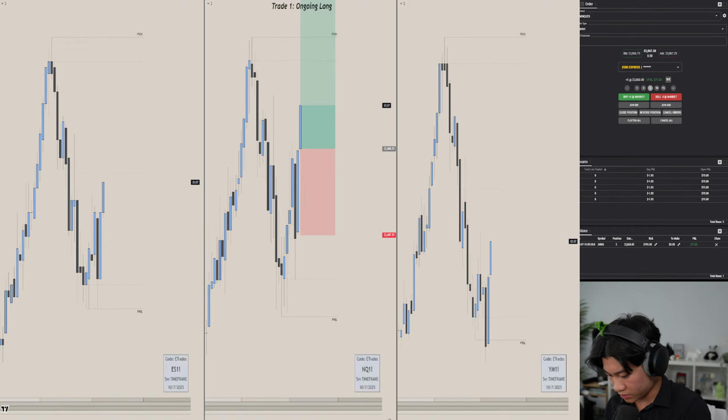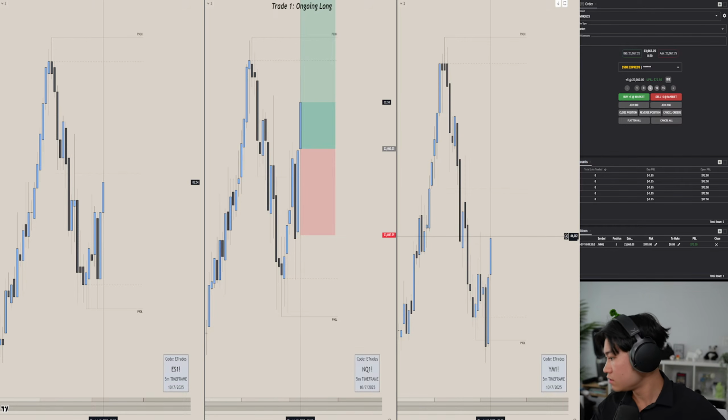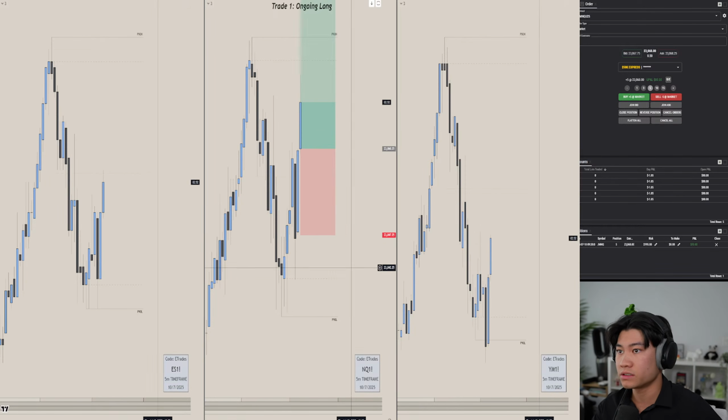Gonna make sure my stop loss is at the right spot. And we good. Let it ride. My stop loss is below this low right here.